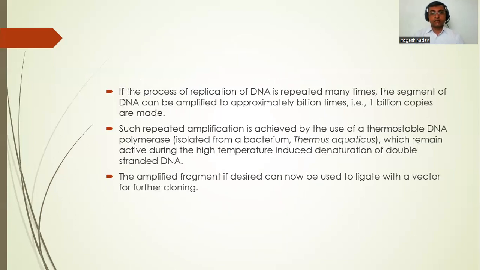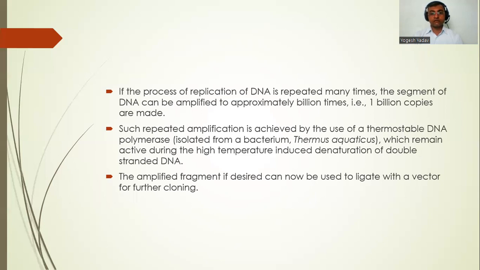Here we see that if the process of replication of DNA is repeated many times, the segment of DNA can be amplified approximately billions of times. Such repeated amplification is achieved by the use of thermostable DNA polymerase. We know that when the heating process is used, if the normal DNA polymerase is used, it can denature and will not work properly.